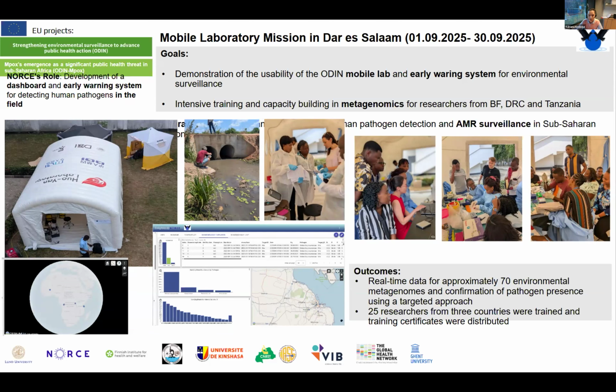Our visit also yielded tangible outcomes, including the generation of 70 metagenomes and certification of 25 researchers from 4 countries: Burkina Faso, DRC, Tanzania, and Ethiopia.